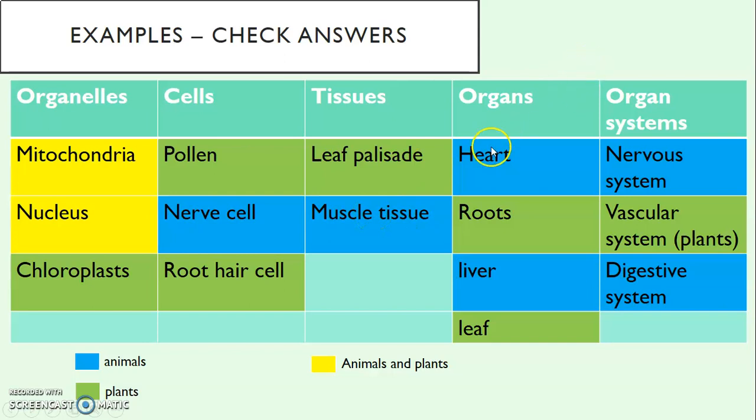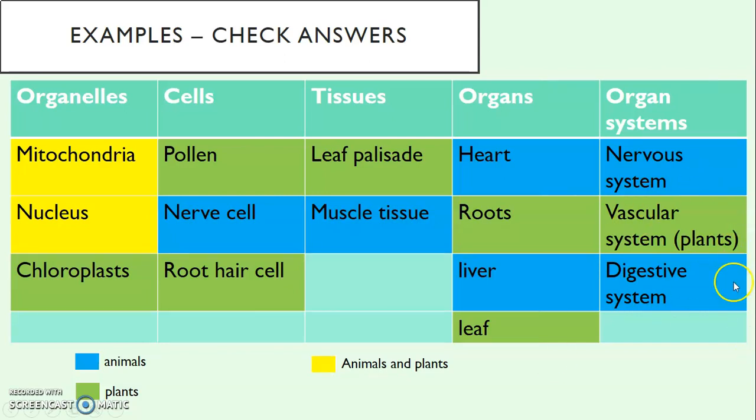For the organs, we've got heart and liver, and that is found in the animals, and then roots and leaf, which are the plants. These organs for the plants tend to be the ones that are forgotten more often, so make sure you know the organelles, cells, tissues, organs and organ systems for plants and animals, please.